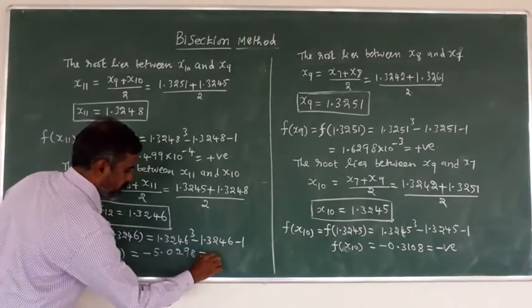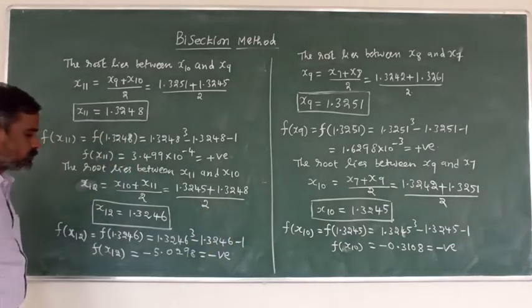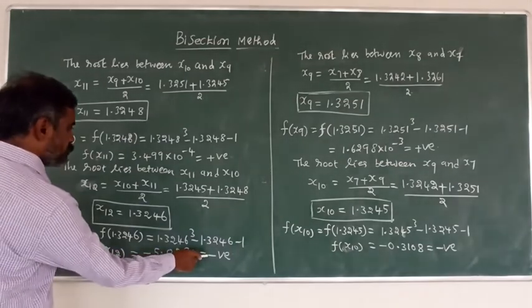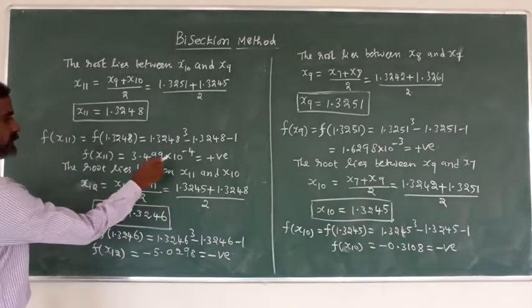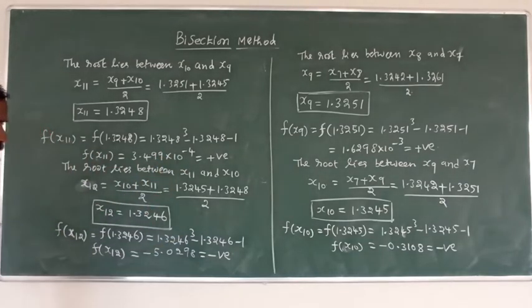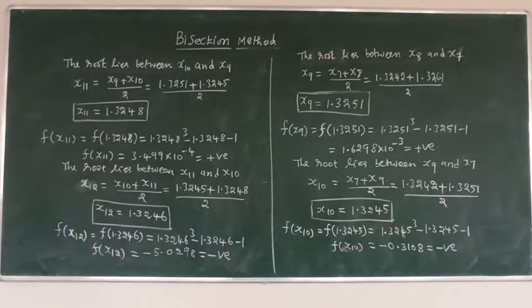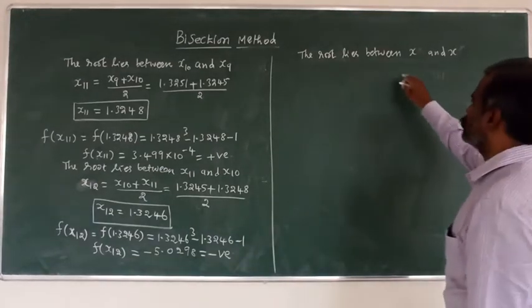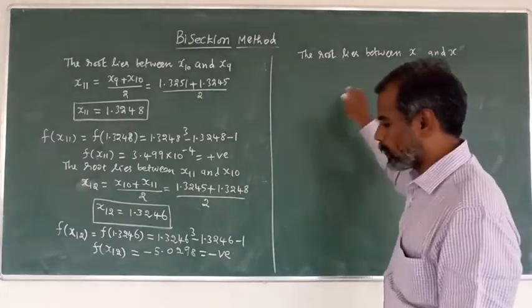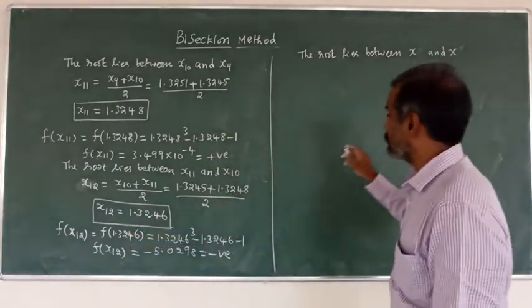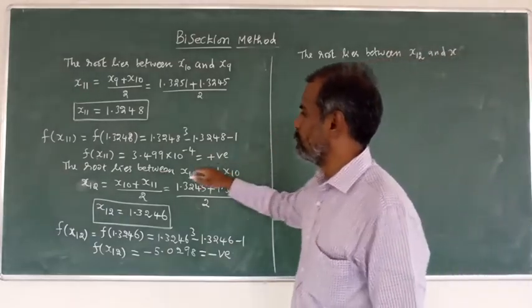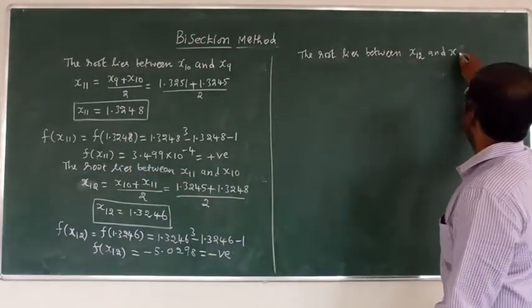This is a negative result. So we take x12 as negative and x11 as positive. Now the root lies between one negative value x12 and positive value x11.